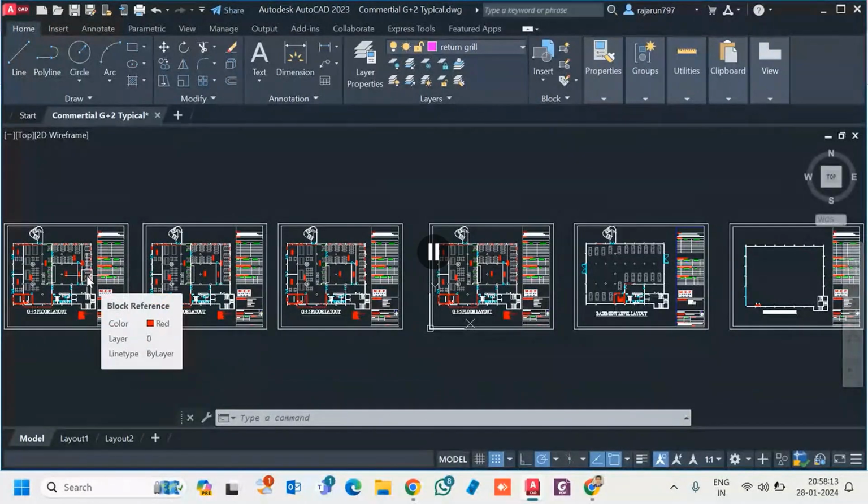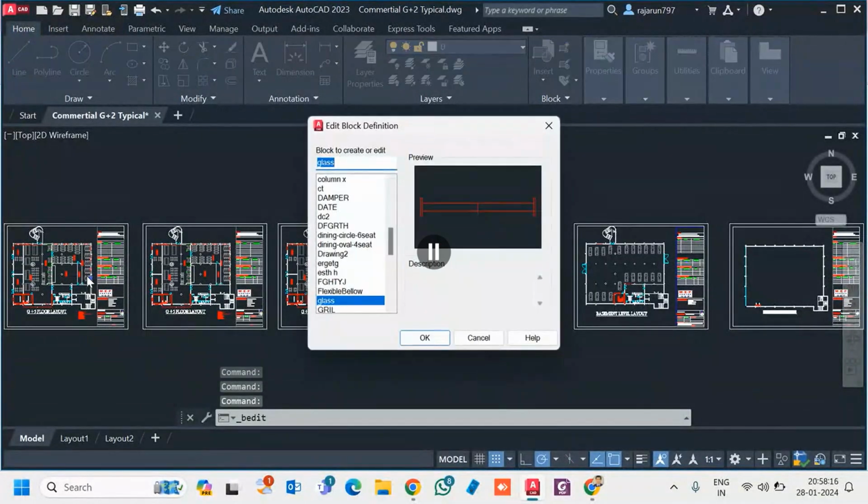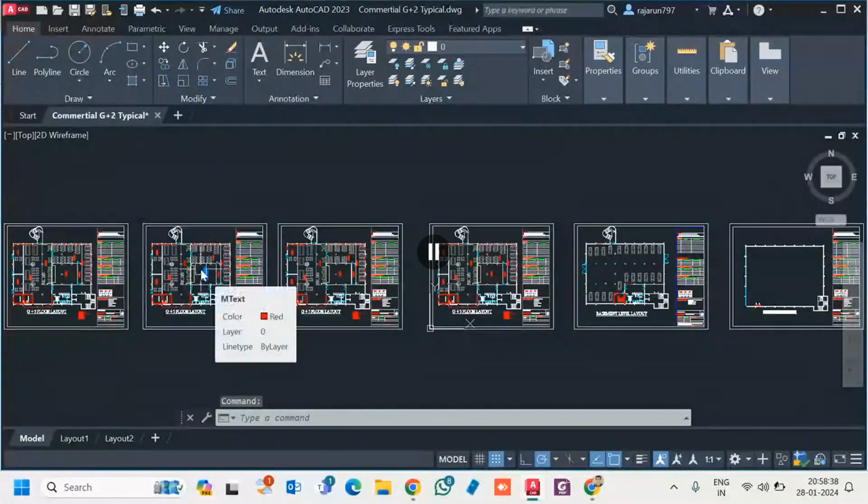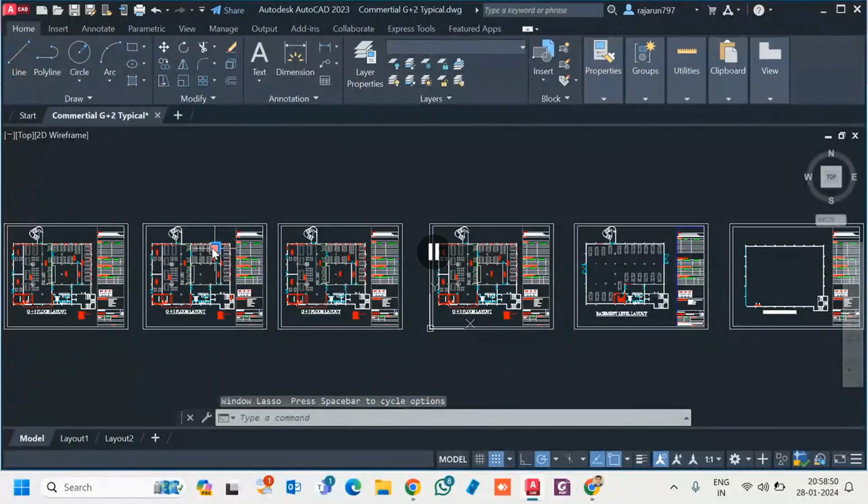Any floor, so wait. It is having 4 different floors with the same layout. Okay, zoom any one floor. Just scroll it. You don't have a scroll button.